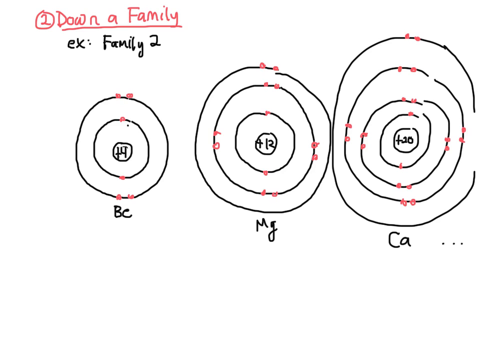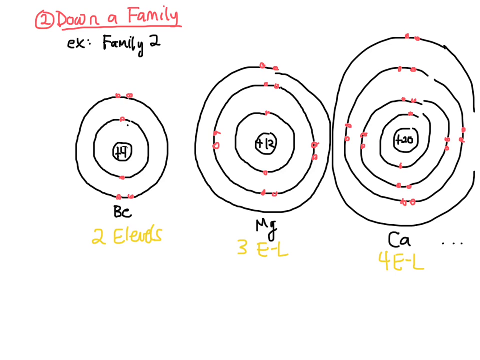What gives them their atomic radius is partially the number of protons in the nucleus, but it's largely due to the number of energy levels that they have. Beryllium has 2 energy levels, magnesium has 3, and calcium has 4. And as you add an energy level, you're making the atom larger.